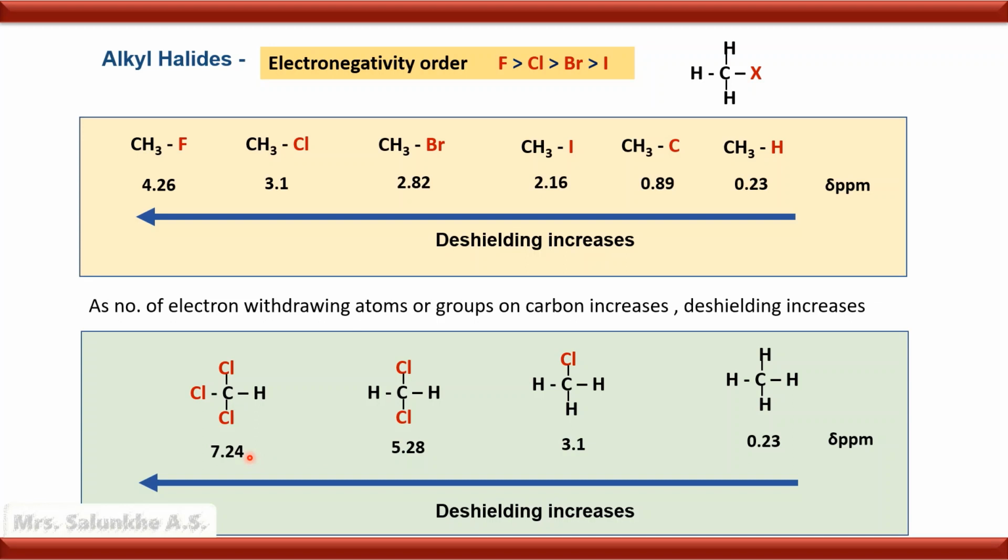Thus, in case of trichloromethane, the number of chlorine atoms is 3, and as the number of electron withdrawing groups increases, de-shielding increases, and in that case, the chemical shift value is 7.23, which is much higher than methyl chloride.